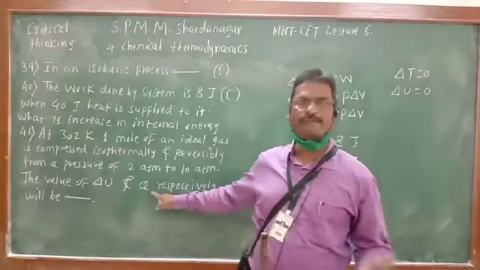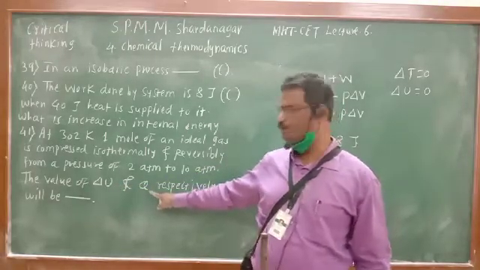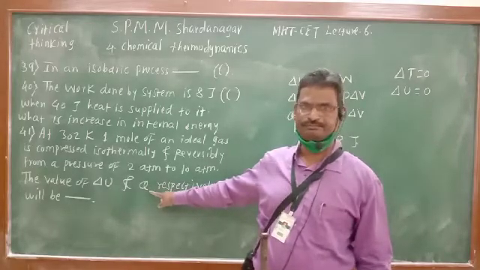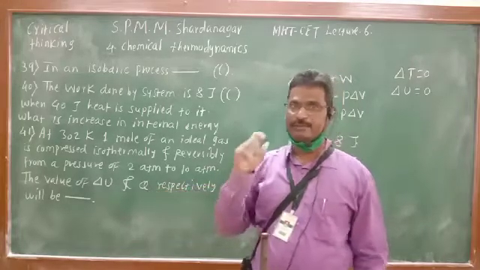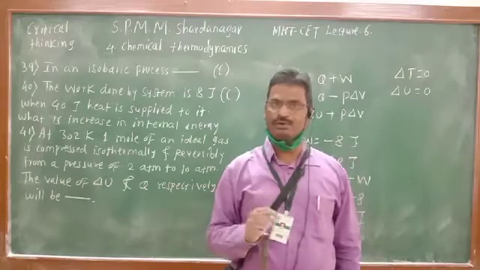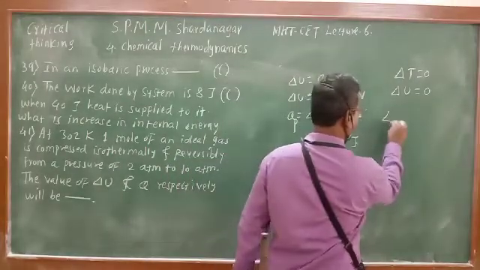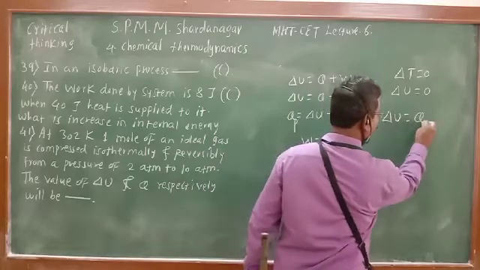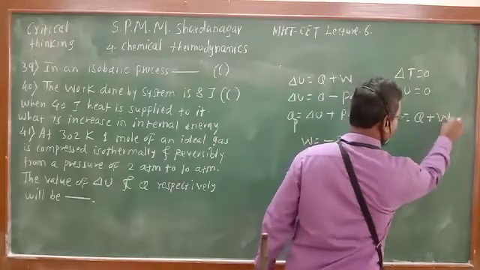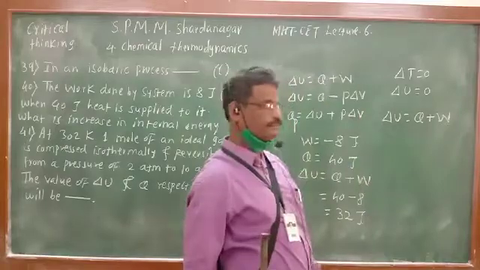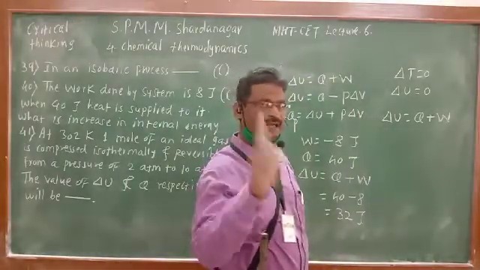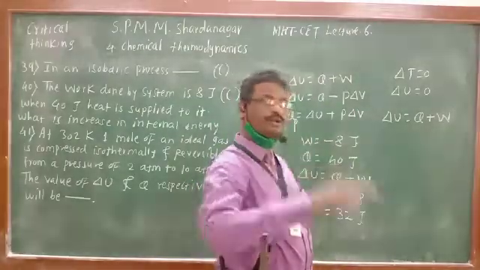Now what is the value of Q? Q we have to find out. For that purpose, we must know the equation of first law of thermodynamics: delta U will be equal to Q plus W. We are not calculating any answer, but still we will get the correct option.